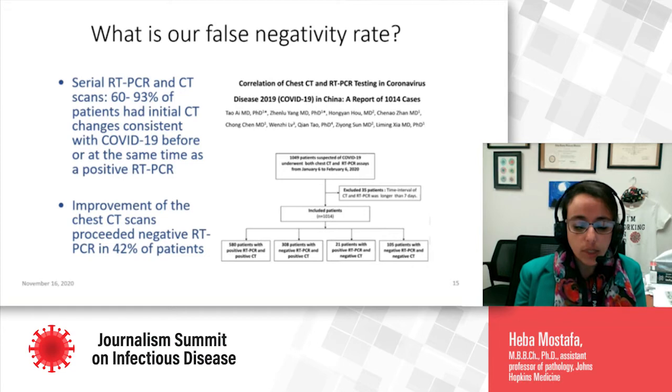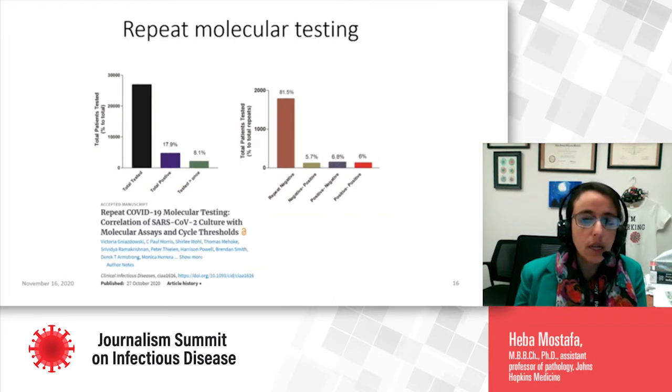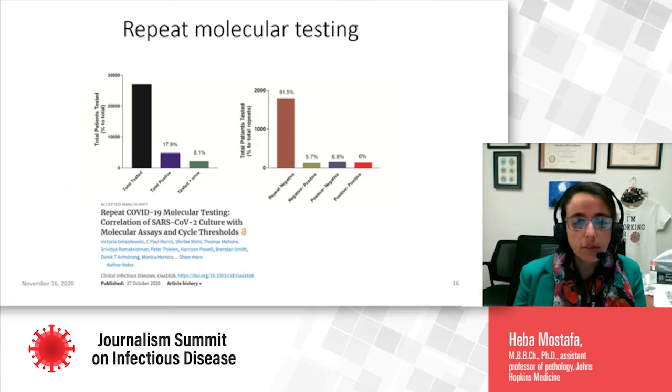But again, as we discussed, this can likely be tied to the time of the specimen collection. But we looked at this question by looking at our patient population. We looked at how many patients received repeat testing in the first 2 months right after we offered the testing, which was between March and May.